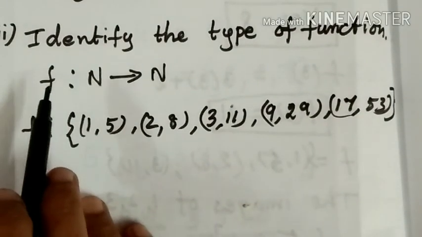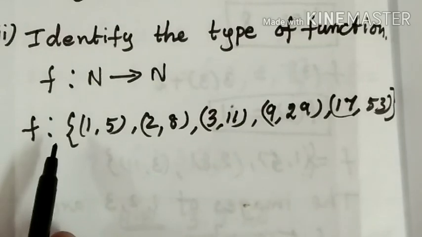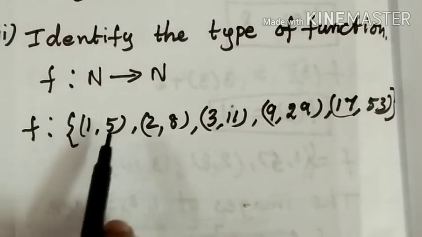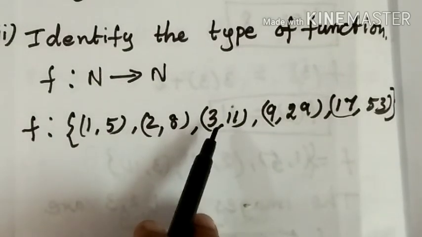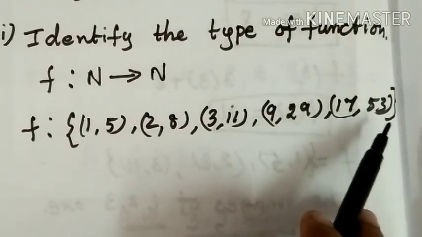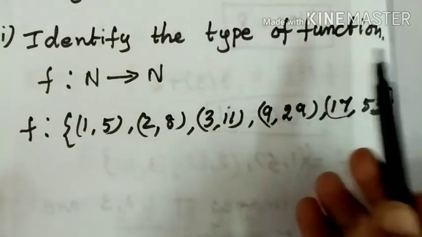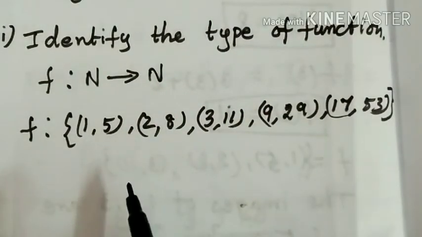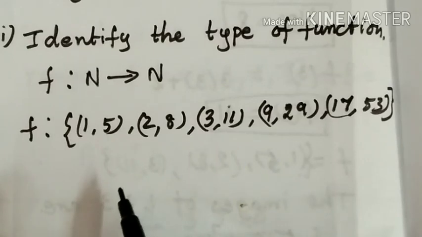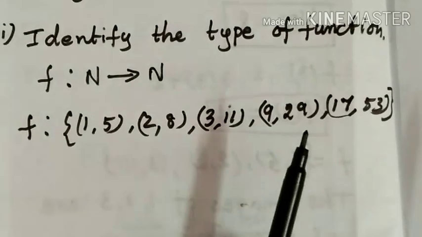Here the given function is from natural to natural. In the previous subdivision, we got the ordered pairs (1, 5), (2, 8), (3, 11), (9, 29), (17, 53). Here we have to find the type of function. What is the first type? Yes, one-one function. So what is the definition of a one-one function?